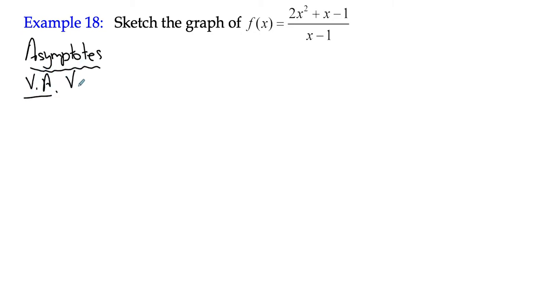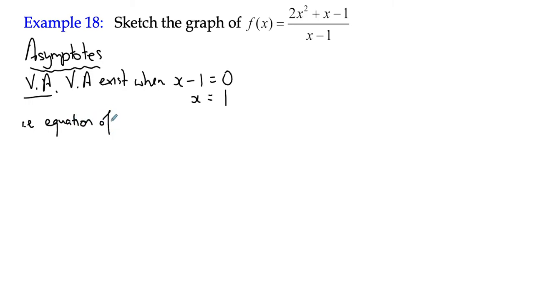We can say that vertical asymptotes exist when the denominator is equal to 0. We've covered this over the last wee bit, so we can say that there's a vertical asymptote when x equals 1, i.e. the equation of the asymptote is x equals 1.